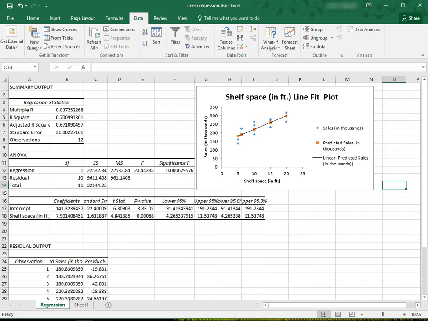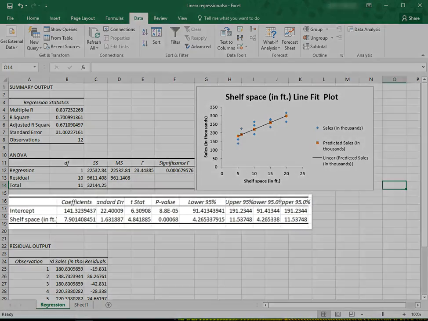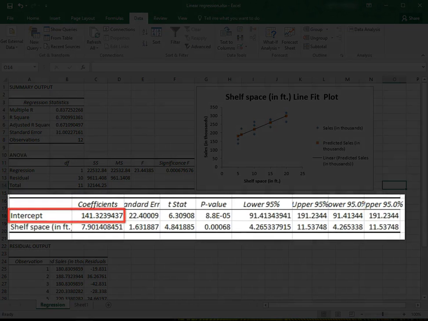Our next task is to develop a linear equation for predicting sales given the shelf space. To do this, we'll need to locate the intercept and the slope for shelf space. These values are located in the third table of the output, and we can see that our intercept is 141.324, and our slope is 7.901.